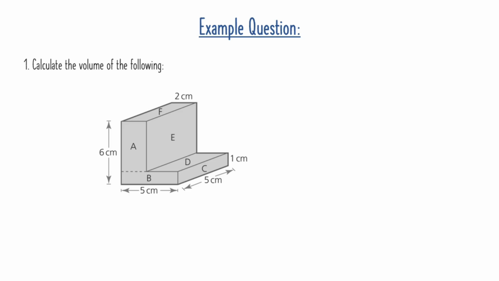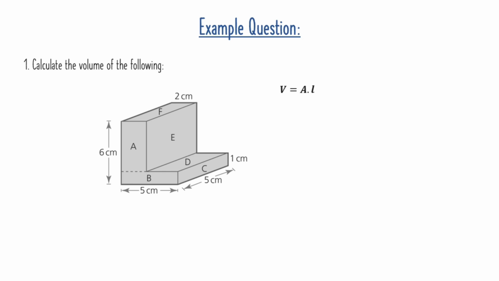In this sketch, we need to calculate the volume of a compound prism. And if you look at the prism, you can see that it's basically a solid made up of two rectangular prisms that are joined together. So if we need to calculate the volume, we need to determine the area of the base, and then we are going to multiply it by the length of the prism.